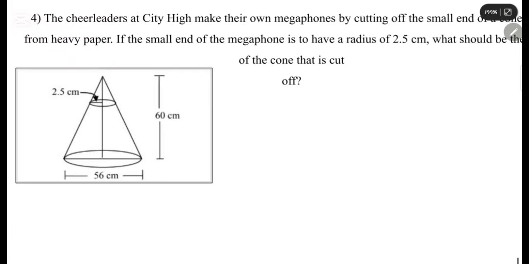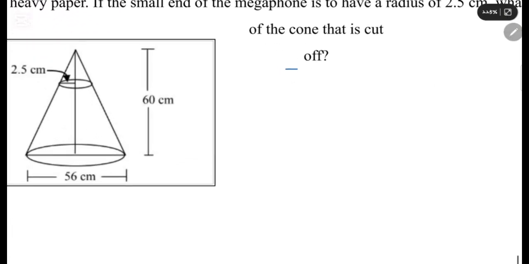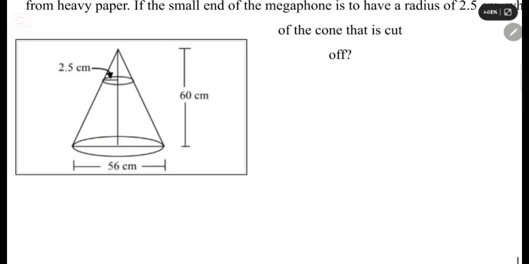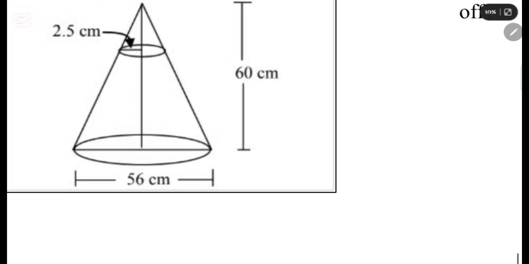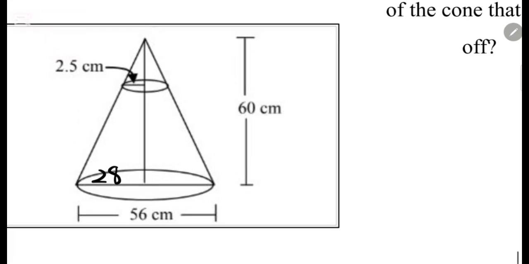Okay, so let's just draw this out as triangles. So we know that half of the 56 is going to be 28, because we don't want this whole triangle. You only want half of it because it gives you the radius, right?